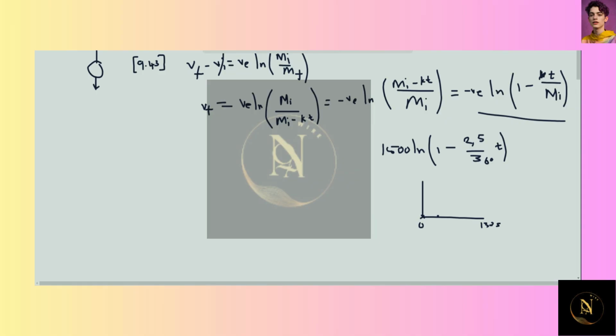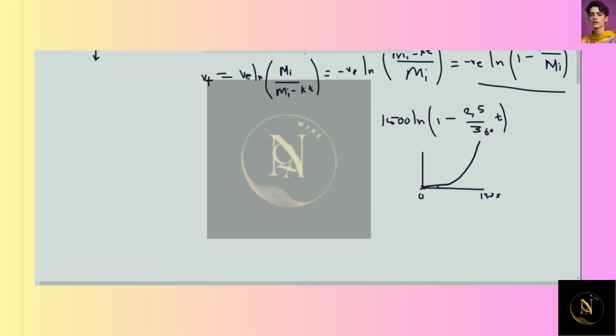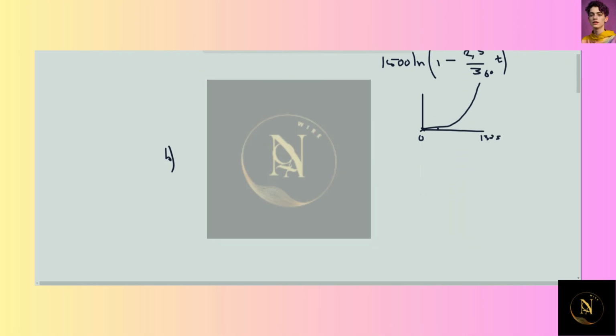So this thing is just going to go up like this. You can put in the numbers and find the points if you want, but the graph should look something like this.